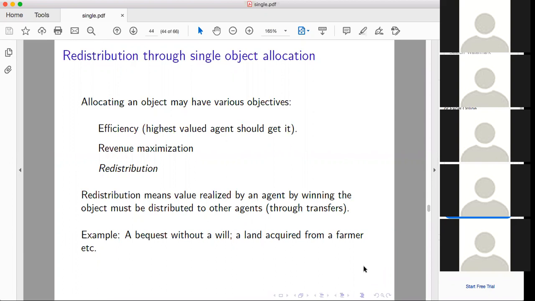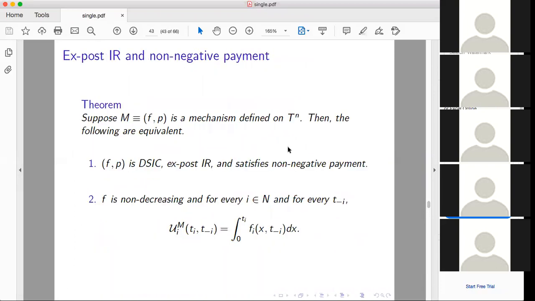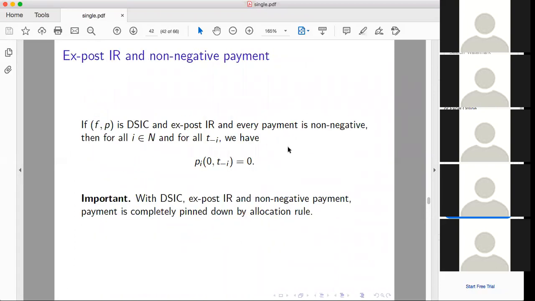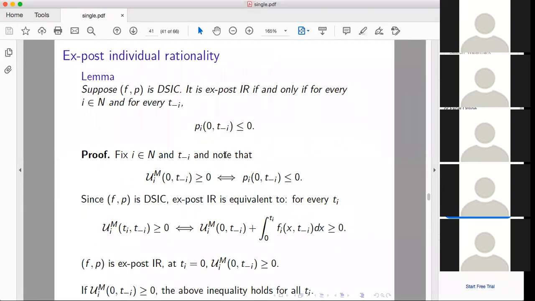Sir, due to this redistribution problem, are we going to have additional constraints on payment rules over and above the DSIC constraints? Not really. We are not going to have constraints, but we are going to play around with this h_i(θ_{-i}) term.